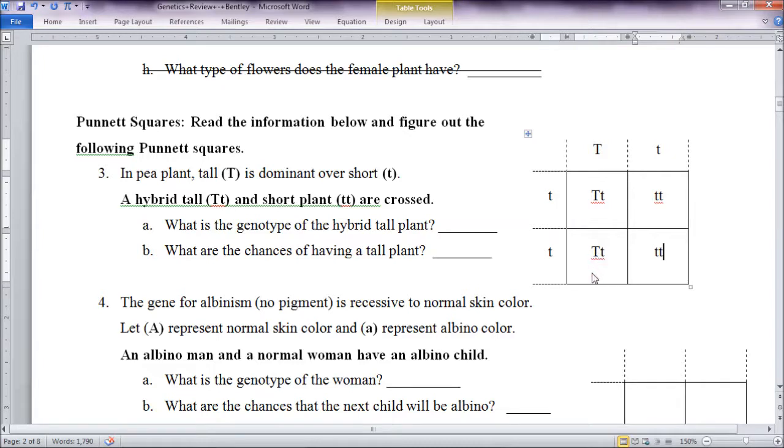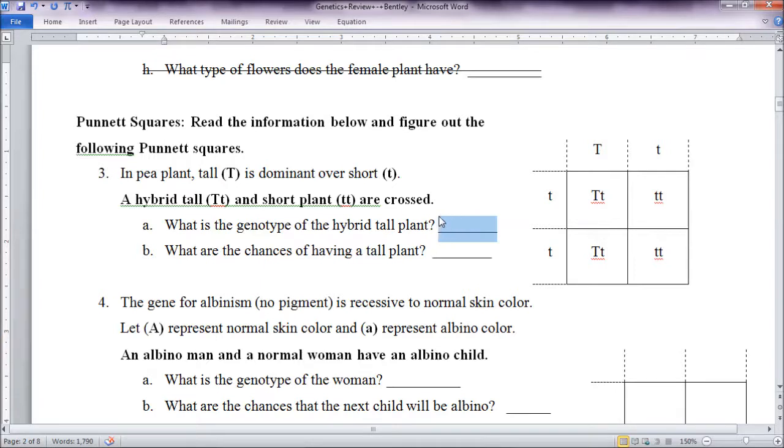So capital T, little t, little t. Whatever is on the side is put into the box to its right. So I put this little t with the big T. I put a little t with the first little t. Here I put that little t to the right and the second little t to the right. So I'm not going to repeat that for any more Punnett squares.